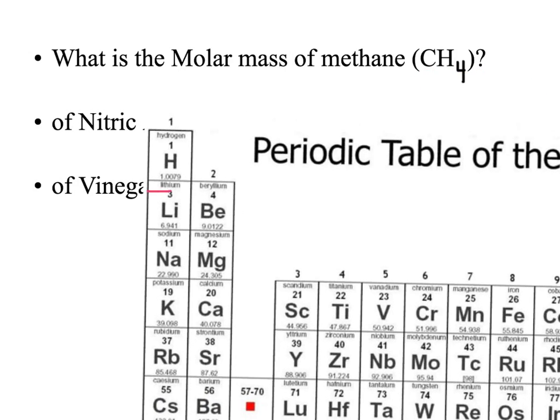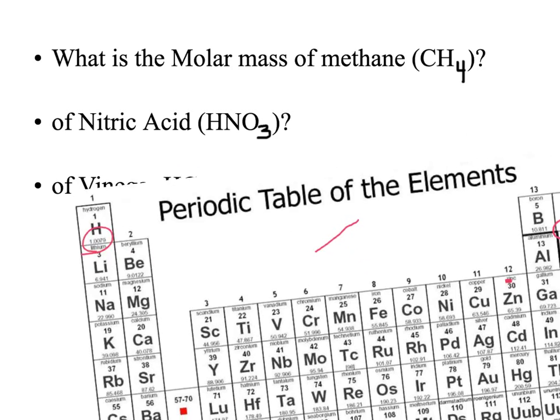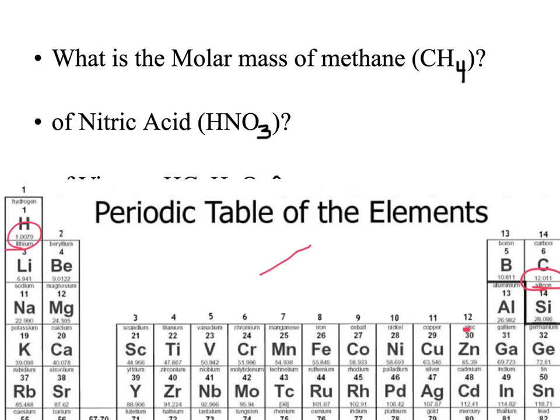Here's our hydrogen. And there's 4 of those. So if we come back over here, we have our 12 of those plus 4 times 1, 4 of these. So a mole of methane would weigh 16 grams.